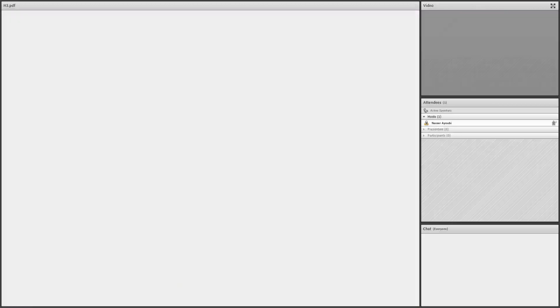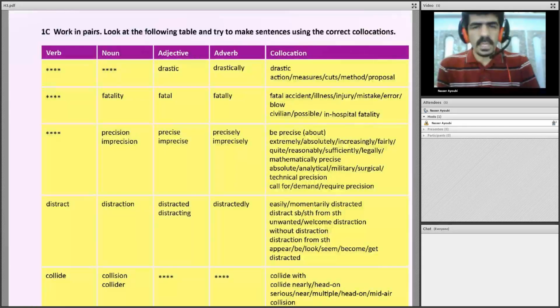Civilian means a person who is not a member of the police or any other armed force. Civilian fatality. In hospital means anything that happens or occurs in a hospital.